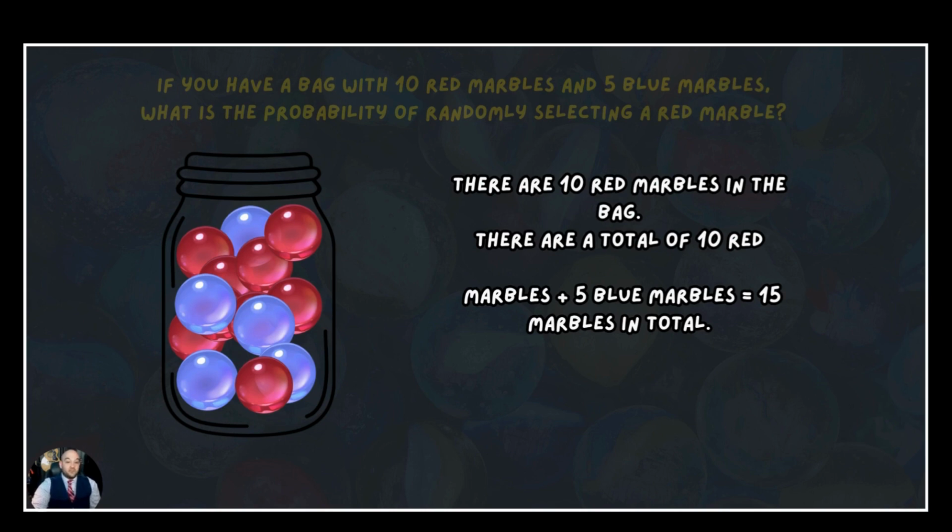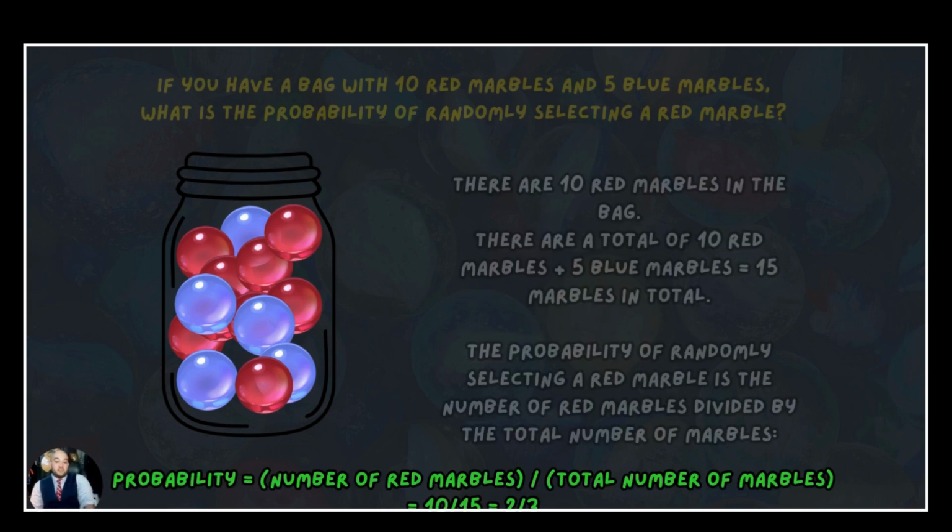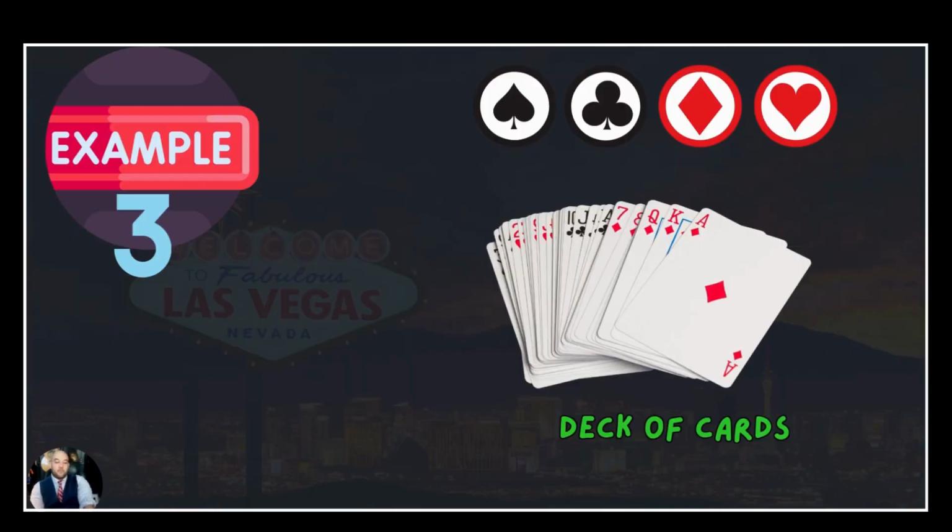There are a total of 10 red marbles plus 5 blue marbles, so that's 15. Essentially, it's the number of red marbles divided by the total number of marbles. That's going to be 10 divided by 15, which is 2/3. And then you can move it into a probability fraction or percentage.